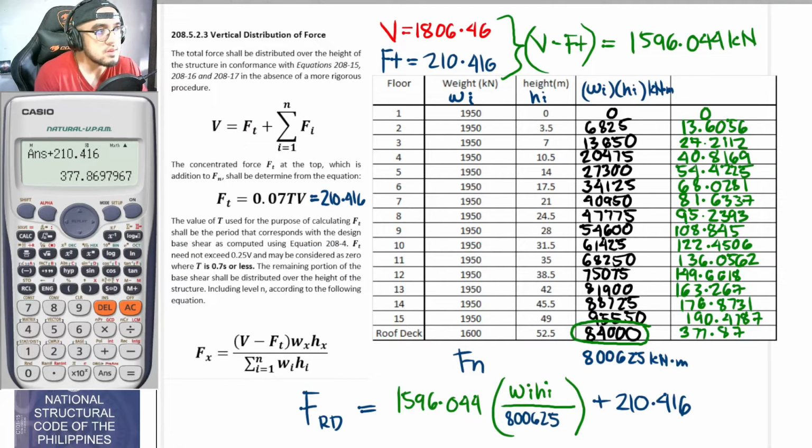So by the way, take note here that this force is inclusive of Ft already. So in Tagalog, dito po sa value na yan, kasama na po yung Ft. So sinama ko na po. Okay, so in order for you to know if your answer is correct, just get the total of these values, and it should be equal to the total base shear.